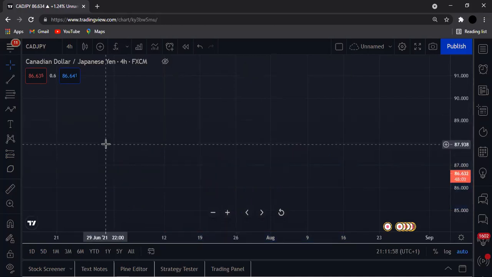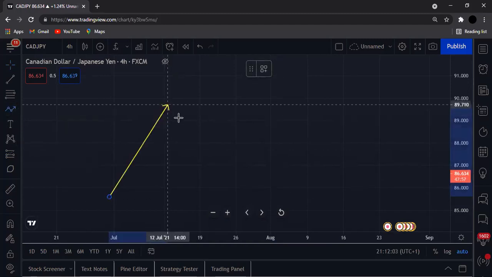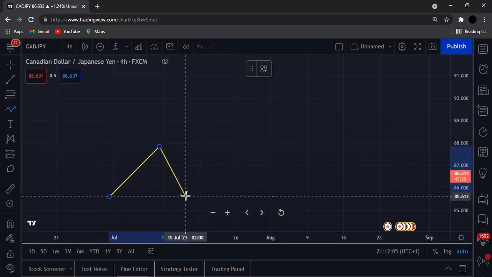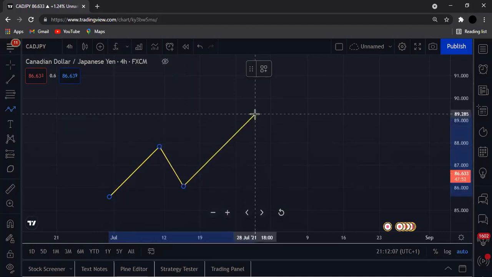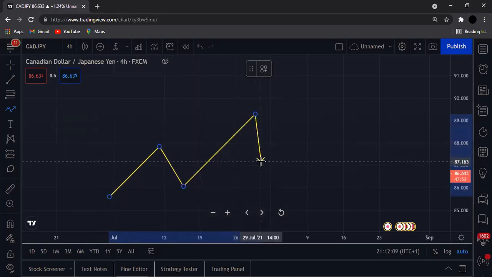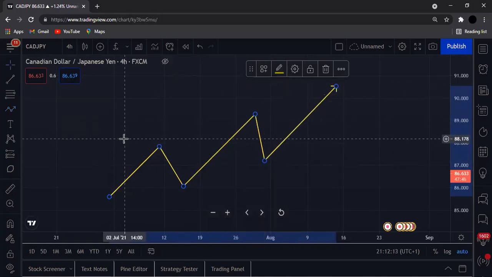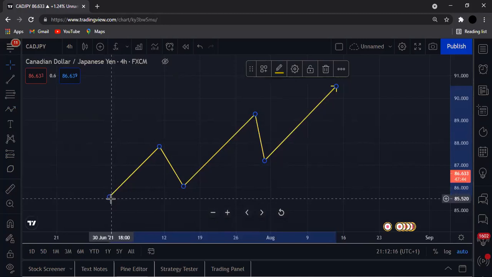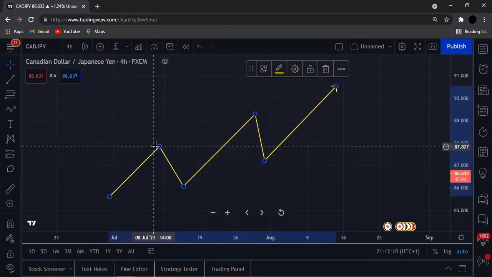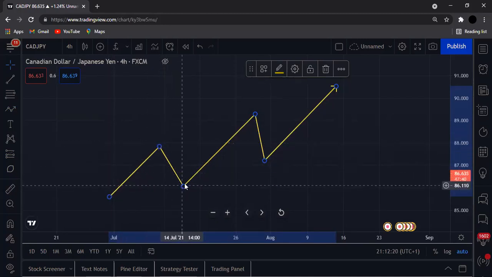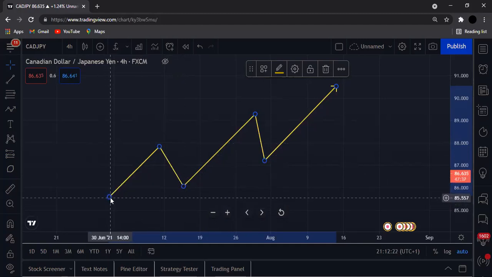So I'll be using an uptrend as an example now. Let's say you have this. For an uptrend, we have a series of higher highs and higher lows. Starting from this point, this is a low, this is a high, this is a higher low, higher than the former low.